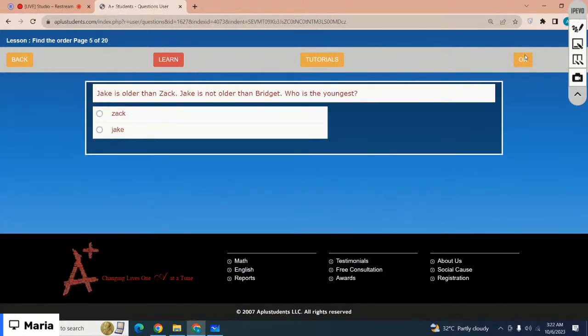Jake is older than Zach. Jake is not older than Bridget. So who is the youngest one, Jake or Zach? Which is the correct option?